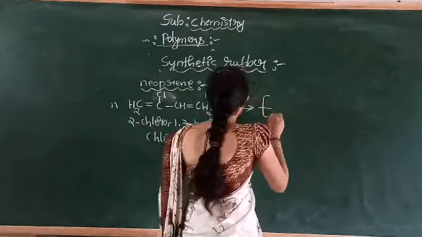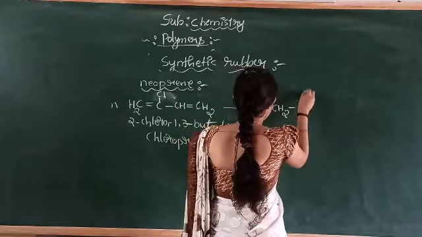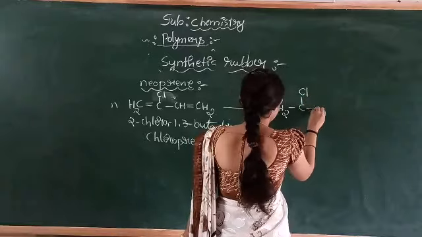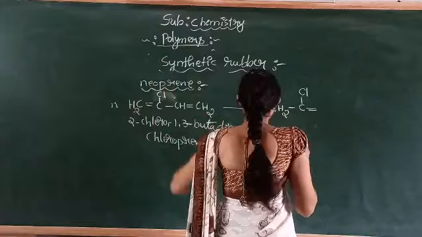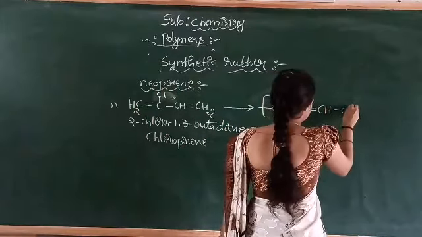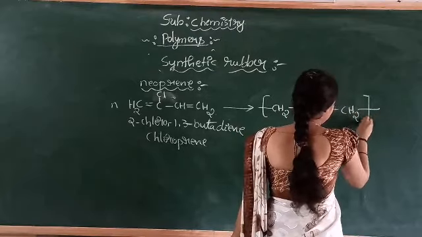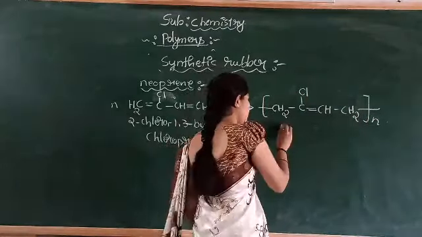This chloroprene upon polymerization yields neoprene, that is CH2=CCl. The double bond shifts to another molecule, CH2, and this continues. N number of molecules undergo polymerization to give neoprene.